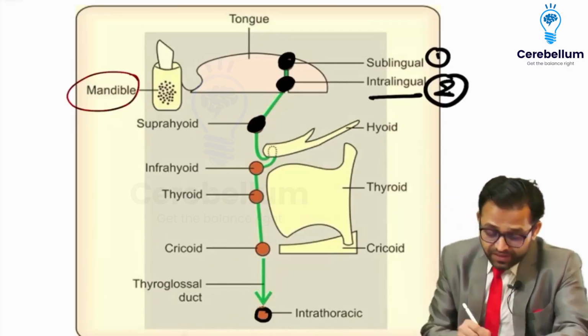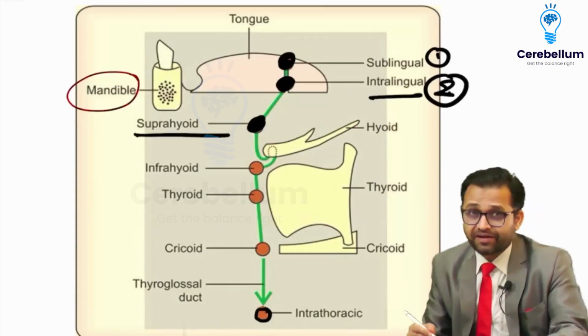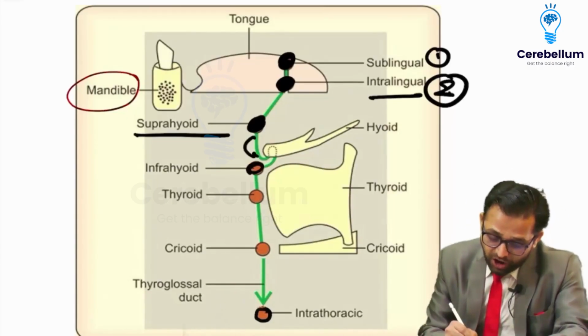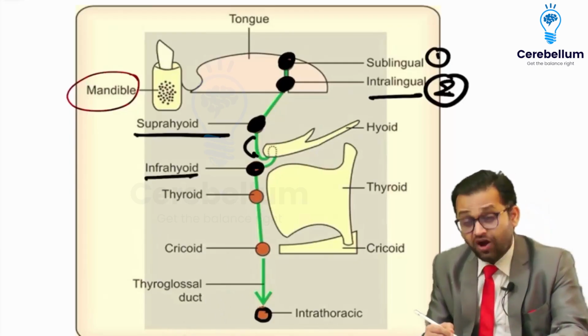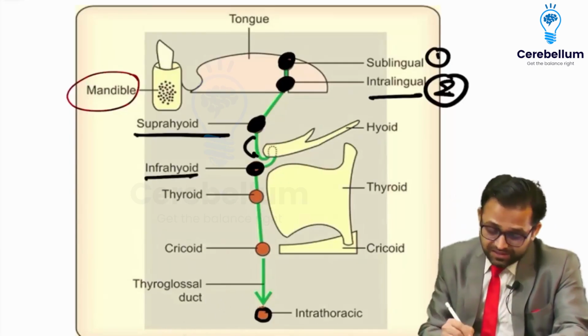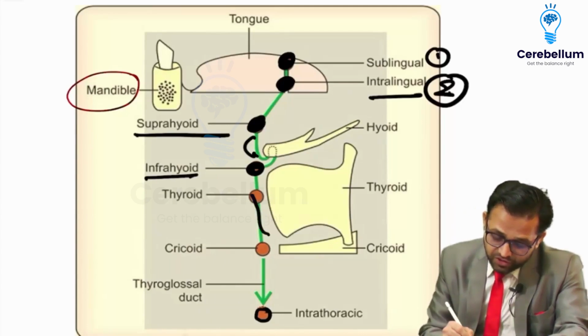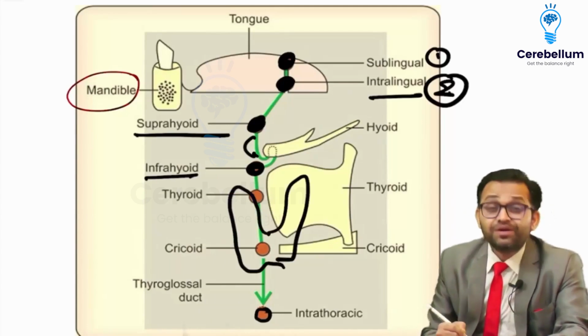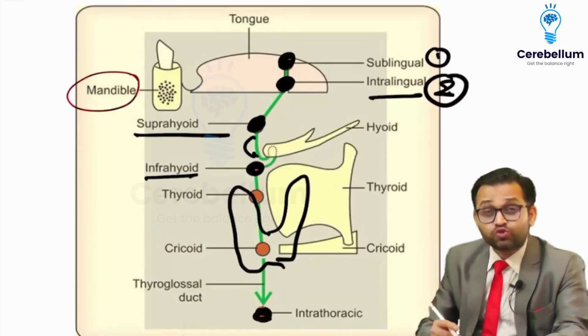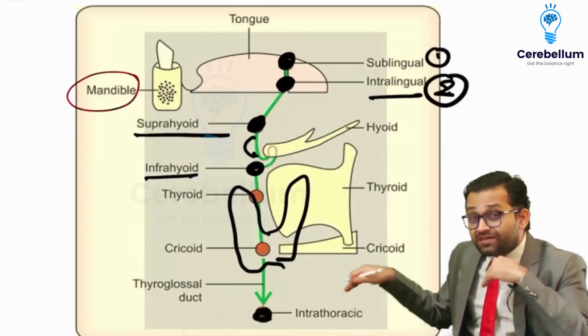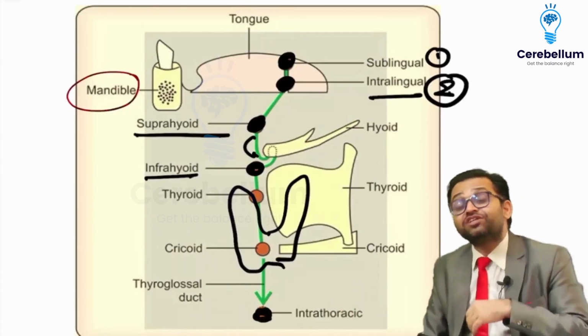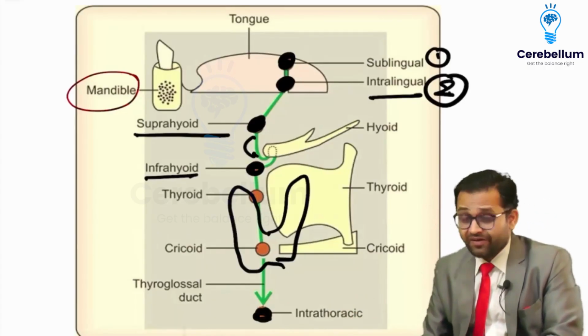So it is known as the suprahyoid thyroid. When it is reaching below the hyoid bone, then you will say infrahyoid thyroid. Yes, here in front of our cricoid and thyroid, this is the normal position, but sometimes it is reaching inside the thorax. Yes, so that is the intrathoracic thyroid. Also you can say retrosternal thyroid.